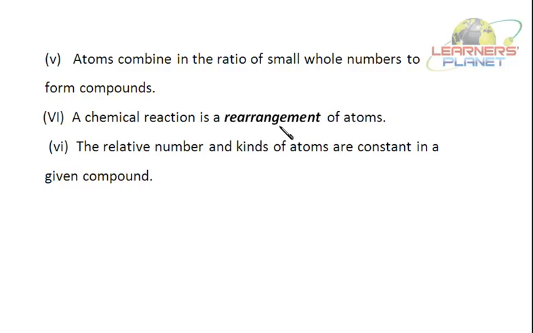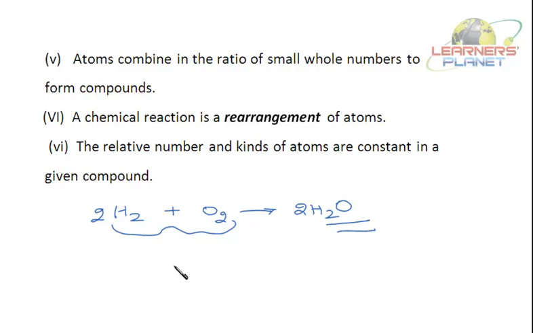A chemical reaction is a rearrangement of atoms. See, if I'm taking H2 plus O2 forming twice of H2O, nothing is created, nothing is destroyed. What is happening is simply the atoms are rearranging and forming a water molecule.